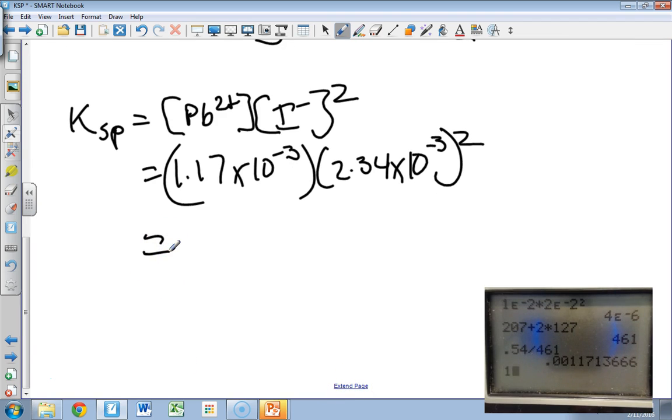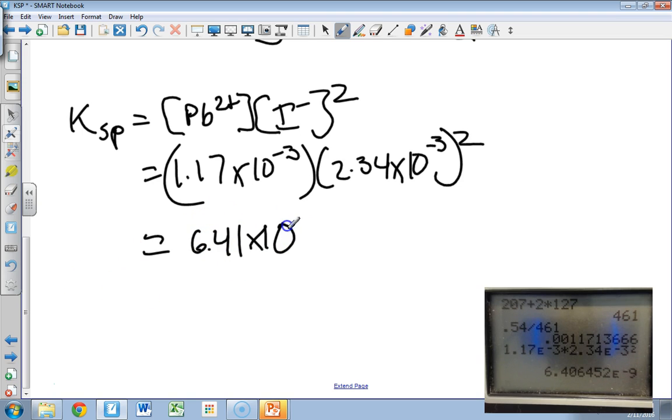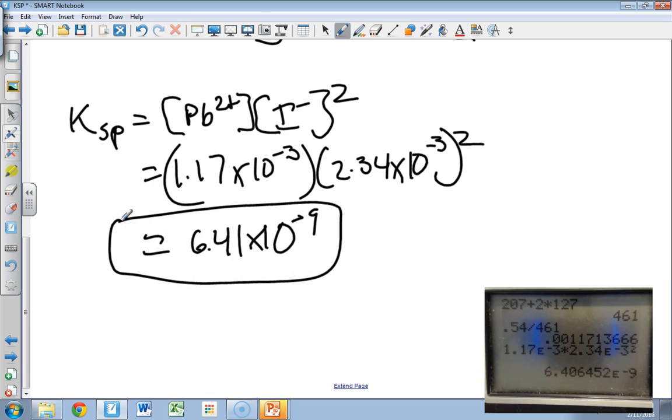Again, orders of operations: the squared is going to happen before the multiplication. So we get that Ksp equals 6.41 times 10 to the minus 9. Okay, and that's our Ksp.